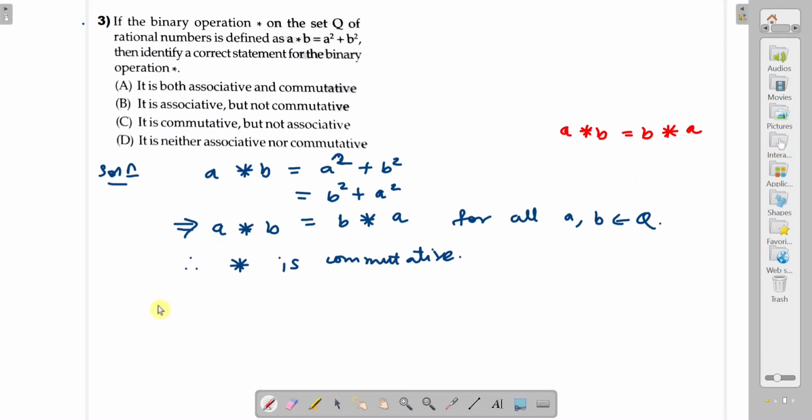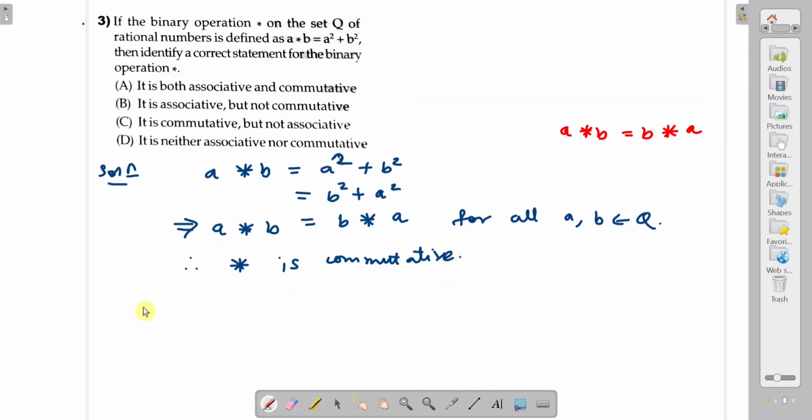Now let us check the associativity of this operation star. Whenever there are powers in the binary operation definition which are greater than 1, like 2, 3, then mostly the associativity will not work. This you have to keep in mind.